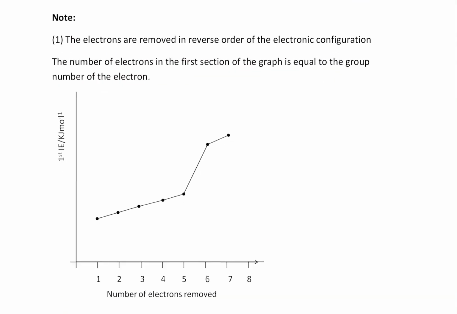Now the electrons are removed in reverse order of the electronic configuration. So the number of electrons in the first section of the graph is equal to the group number. If this is the graph of ionization energy against number of electrons removed, this is the first portion of the graph. This is the second portion. The first portion is just before that big gap occurs.